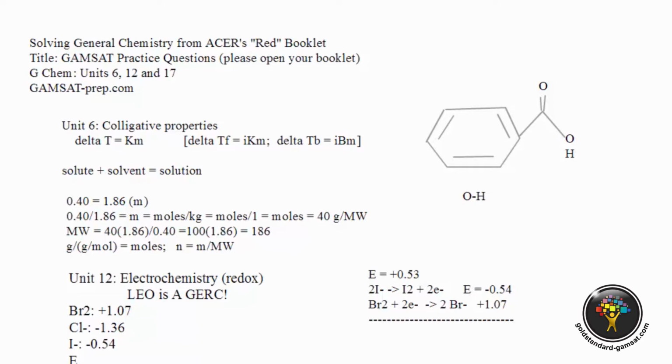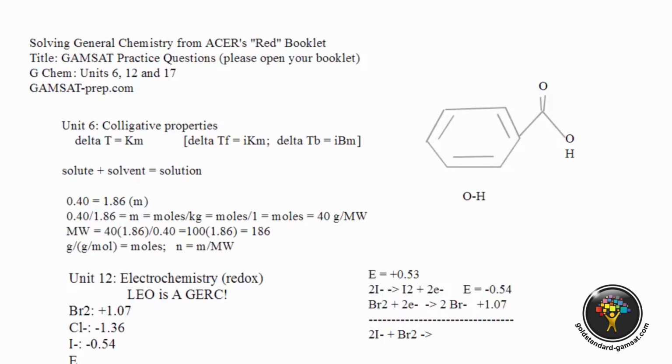Now notice, I'm not going to write all those electrons again, but notice there's 2 electrons on the left side, there's 2 electrons on the right side. So when I add these equations, I add the columns, the electrons on the left and right cancel. So then you end up with 2I minus plus Br2, and this is the final reaction, which is the sum of the 2 half reactions, makes the final complete reaction. 2 half reactions make a complete reaction.